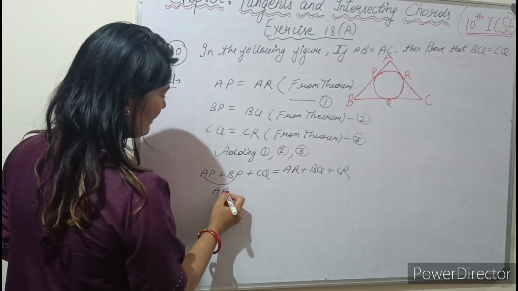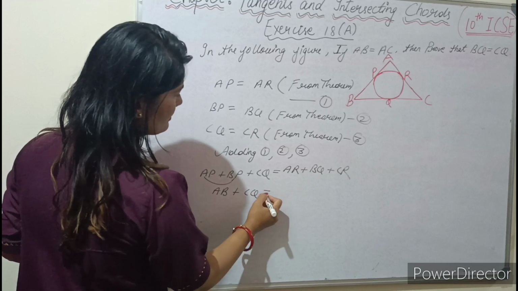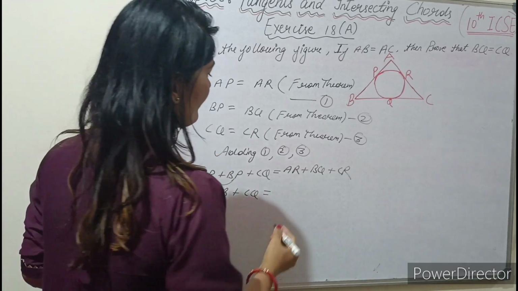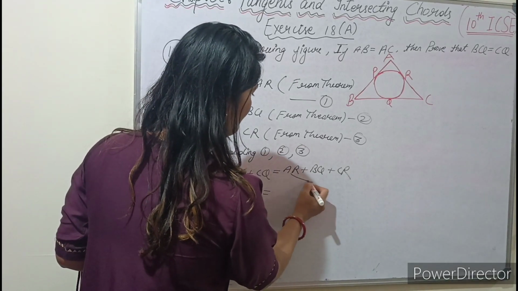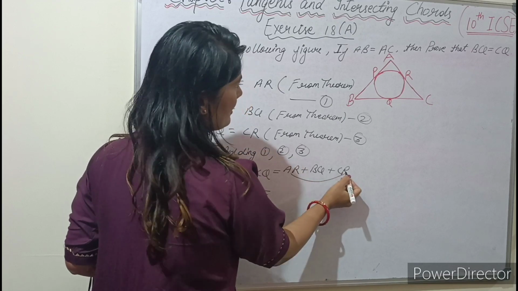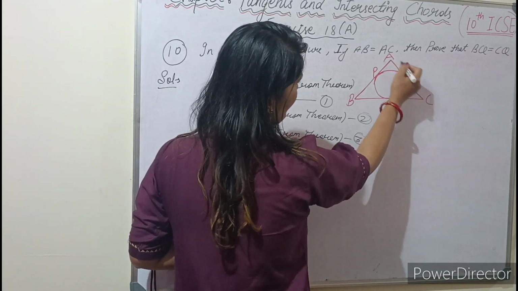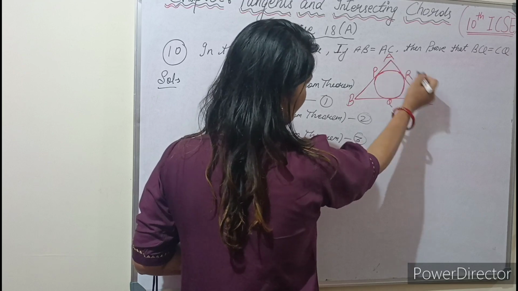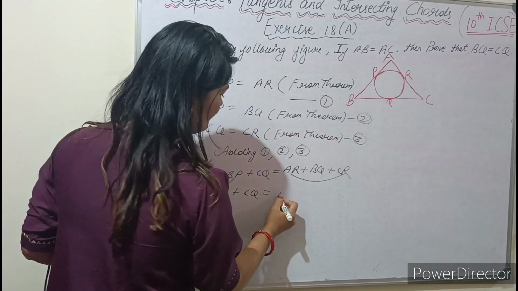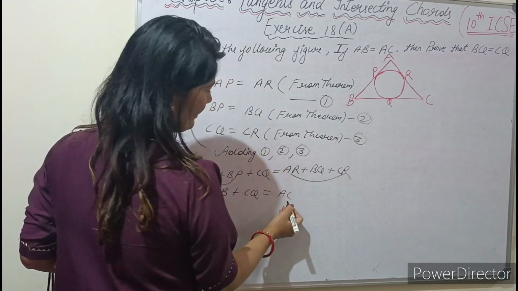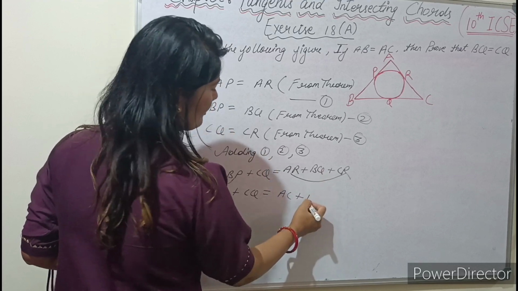So I can write here AB plus CQ is equal to, in the similar way, if you see these two sides, AR plus CR. Now from the given figure, AR plus CR is the complete side AC. So in place of this, I can write AC. Now what is left? BQ.